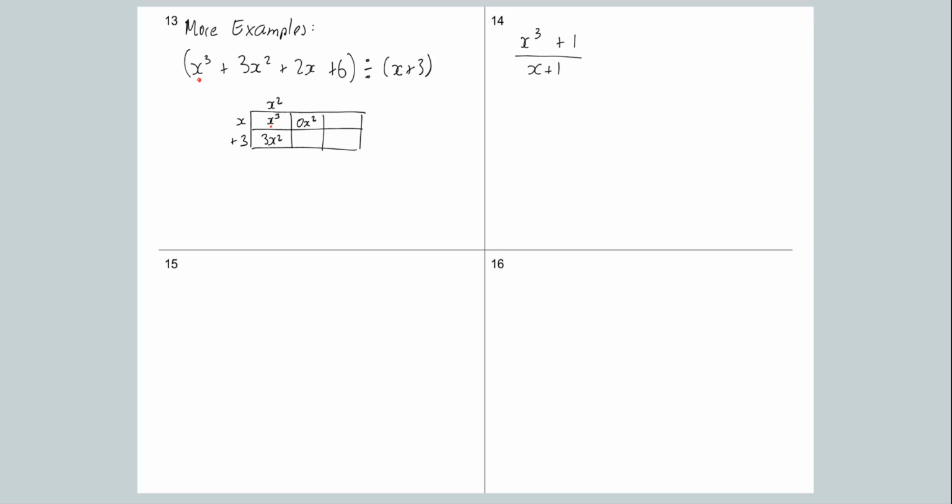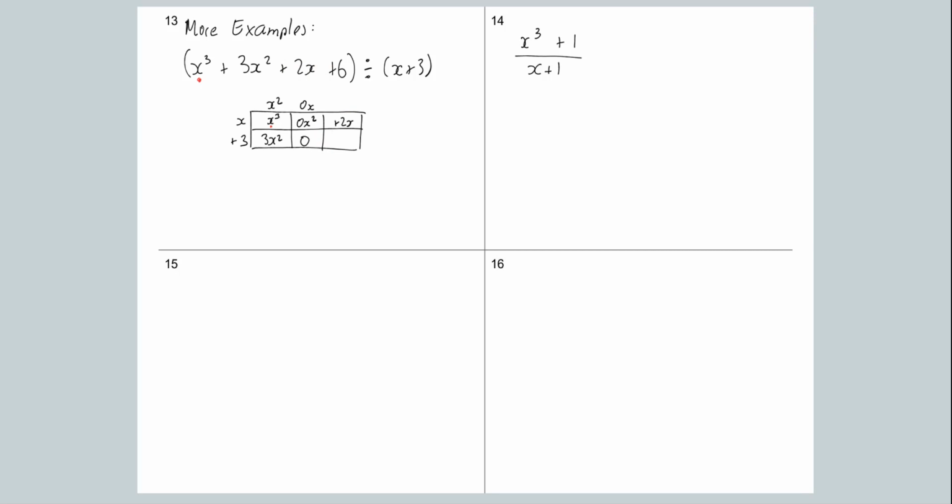But that's what it looks like. And then x times what will give me 0x squared, and the answer is 0x. Bit weird, isn't it? 3 times 0 is equal to 0 here. Now looking along this diagonal for this value here, 0 plus what equals 2x?